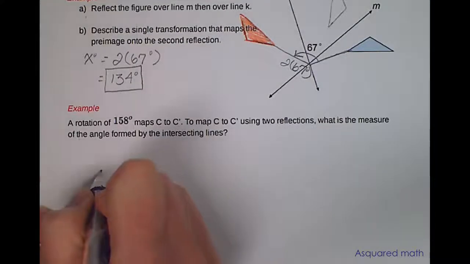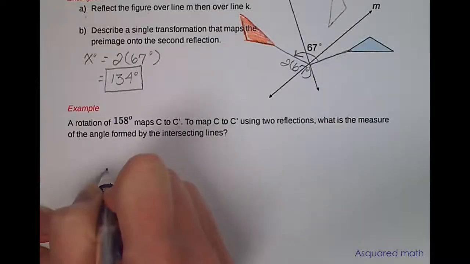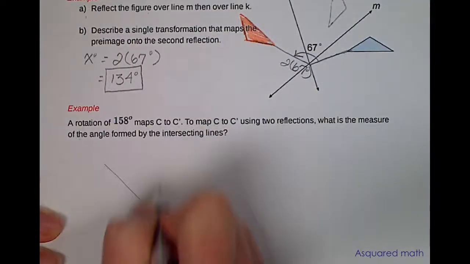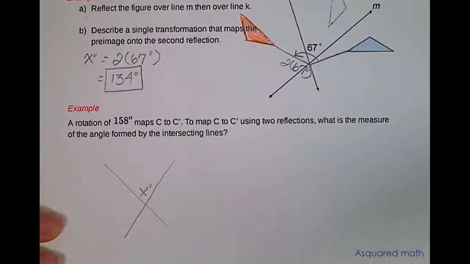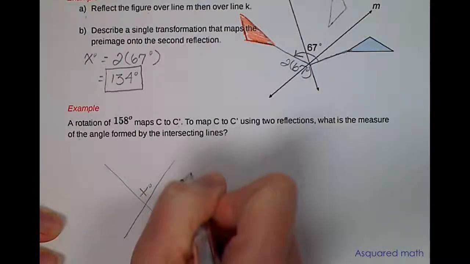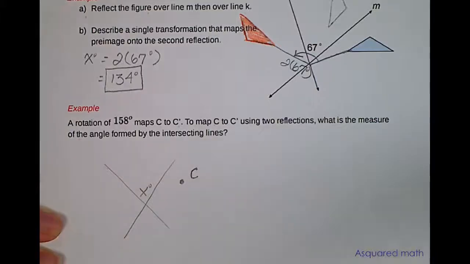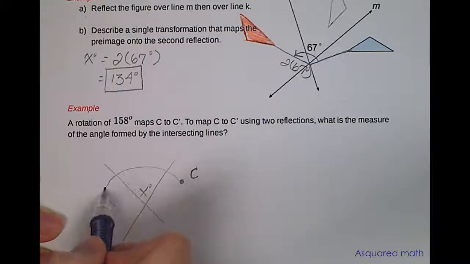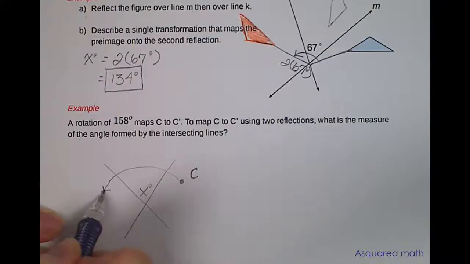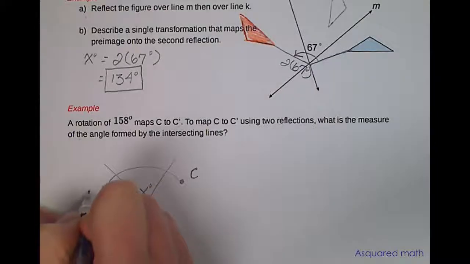So I know if I have this set of intersecting lines, I've got some angle x. If I put some point C here, and I go 158 degrees, say that's approximate. I'm not measuring this. This is nowhere near accurate. This is C prime.